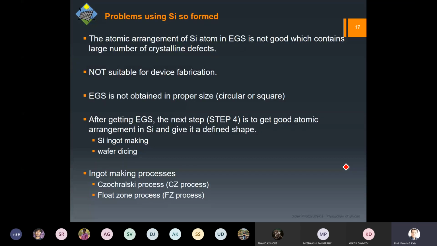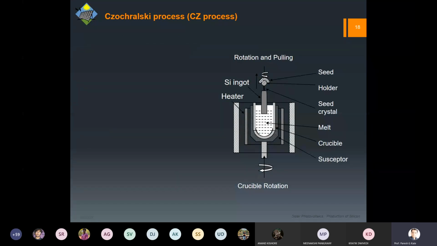The Czochralski process is the widely used process, 90% of wafers today are made by it. Then there is the float zone process, developed to overcome certain problems of the CZ process. We will look into these two.